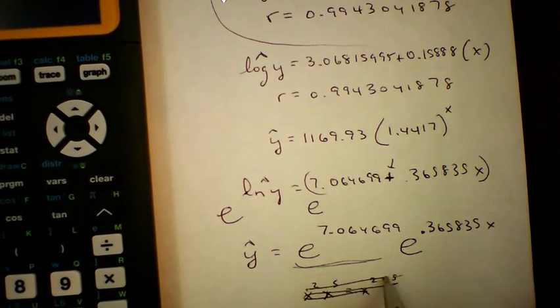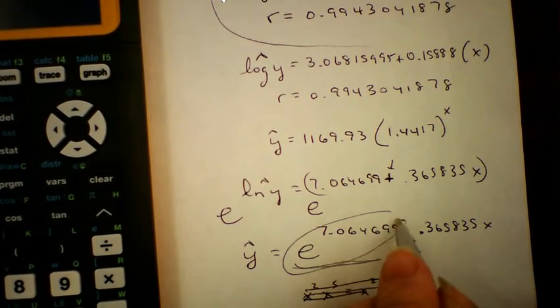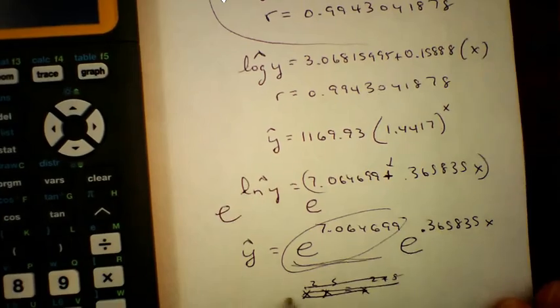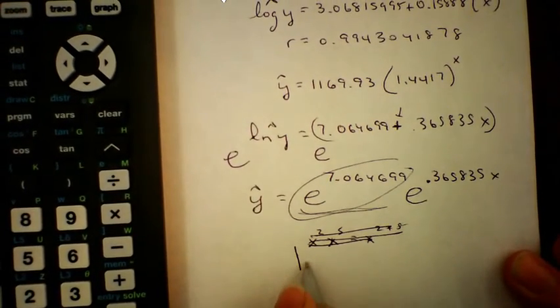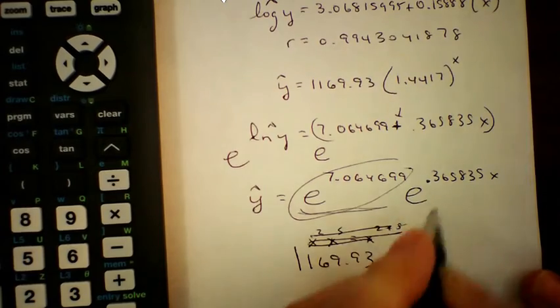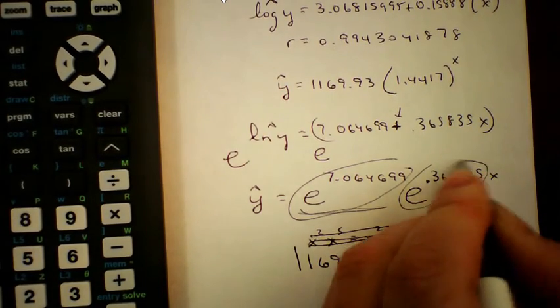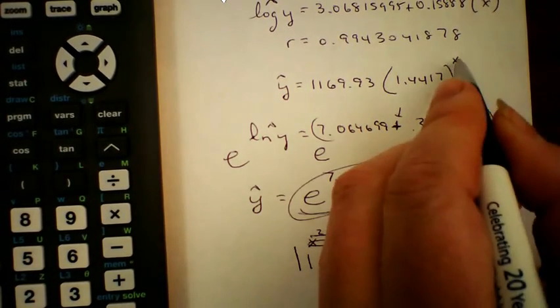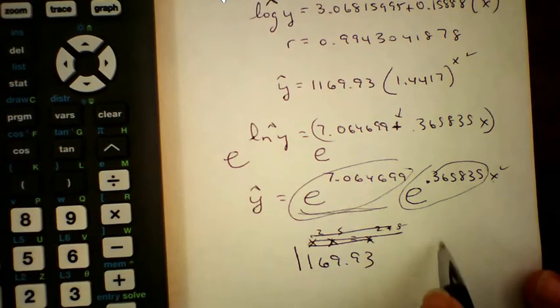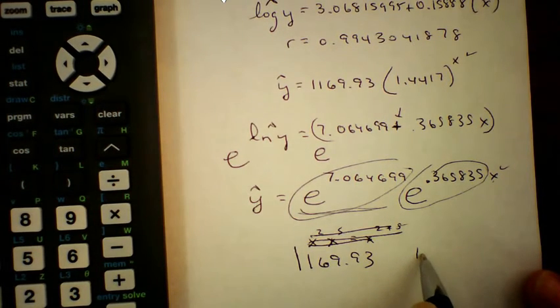But anyway, this number right here is 1169.93. This number right here, the one raised to the x, is 1.4417.